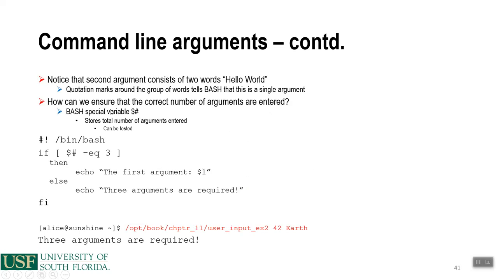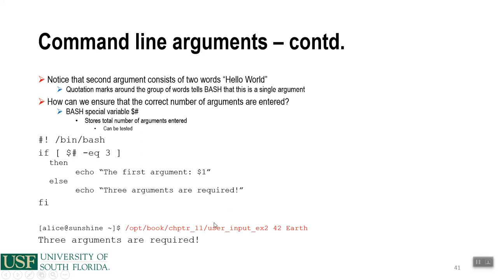So for example, what you may see is a script that looks something like this. The shebang /bin/bash, if $# equal to 3. So we're taking a look at whether or not the number of arguments we're providing is equal to the number 3. Then the first statement is equal to this particular value. Else, three arguments are required.